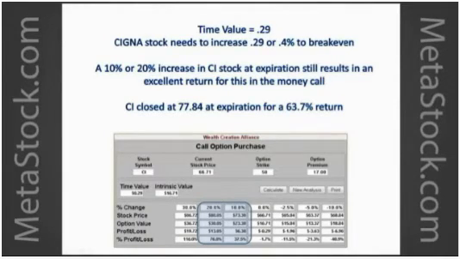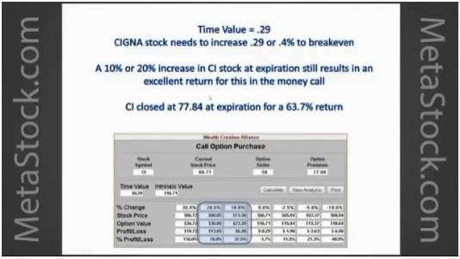So this was almost all intrinsic value. And with the time value of 29 cents, the advantage of this trade is Cigna stock only has to increase 29 cents or 0.4%, and this option trade will break even and start making money.